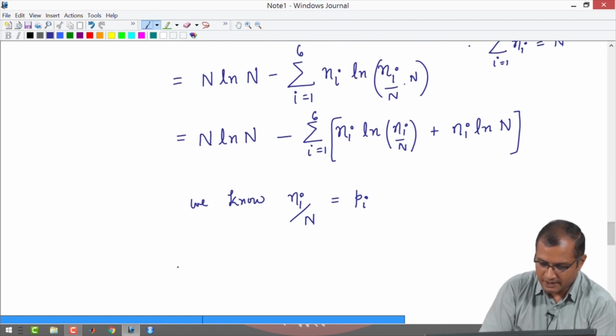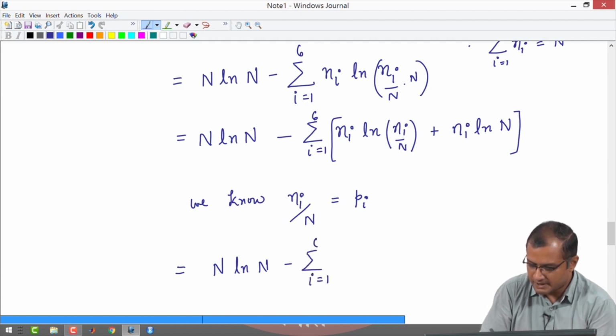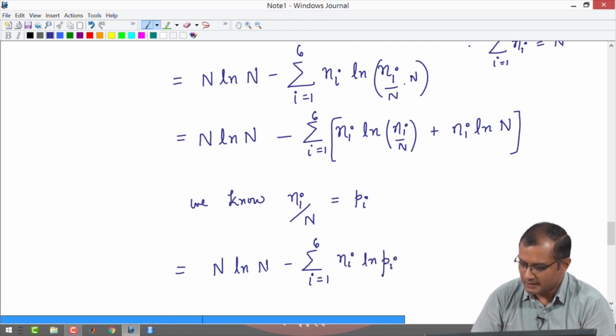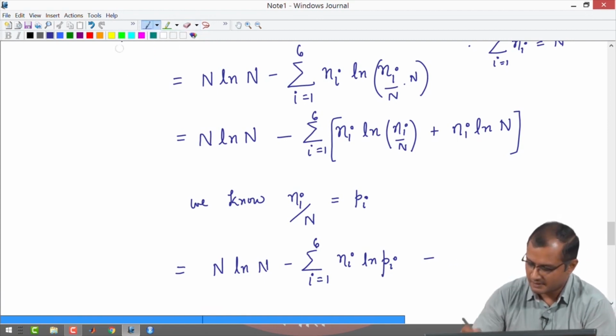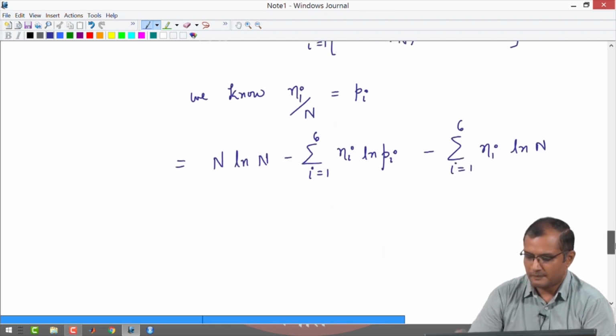So, I am just going to rewrite the previous expression as minus summation i going from 1 to 6 ni ln pi, and the second expression is simply minus, I am just going to split the summation into two summations. Okay.